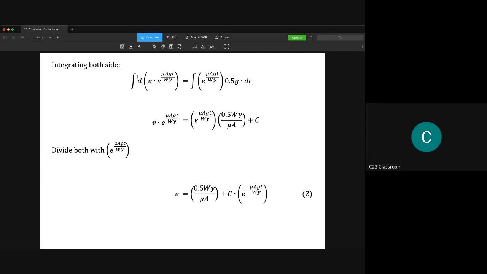The integration of d something here will give its own term. So the integration of this one will give v times e to the power of this one, and the integration of this one will give you the value of t.